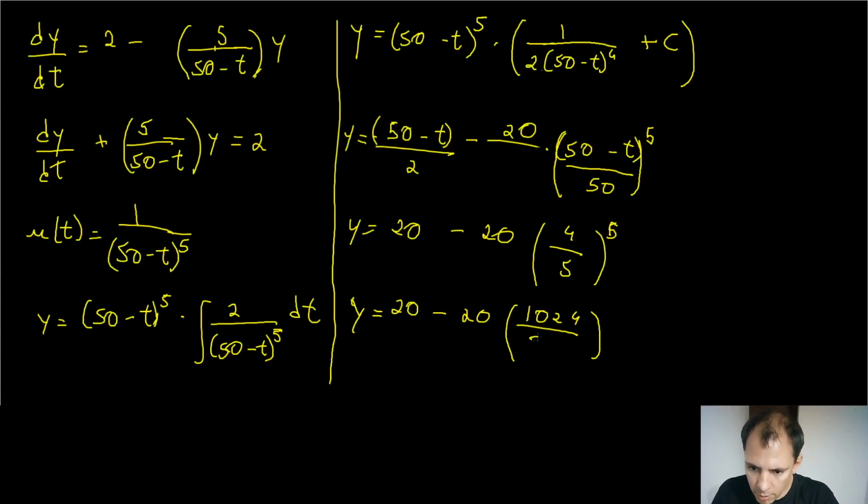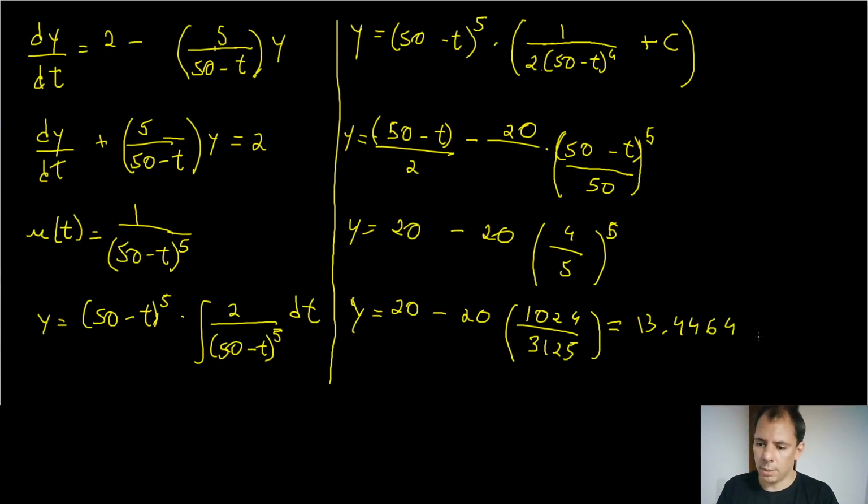Okay, so 3125. Let's do this. 1024 divided by 3125 times 20. Okay, and now you do a minus 20. Okay, the final answer is the final answer of all this is 13.4464. This is not approximately, this is exact.